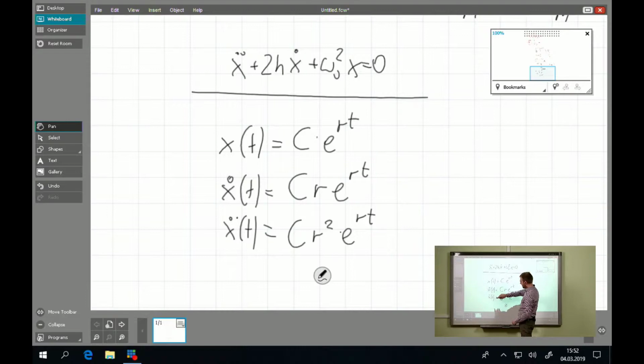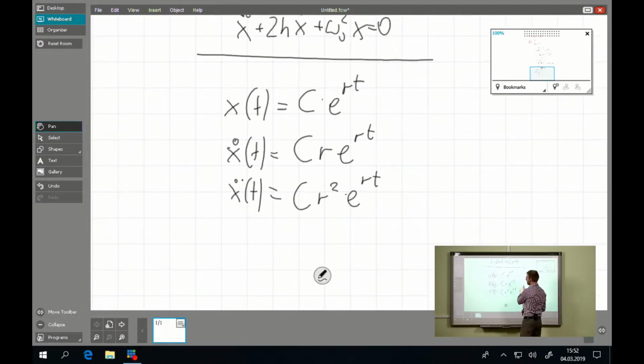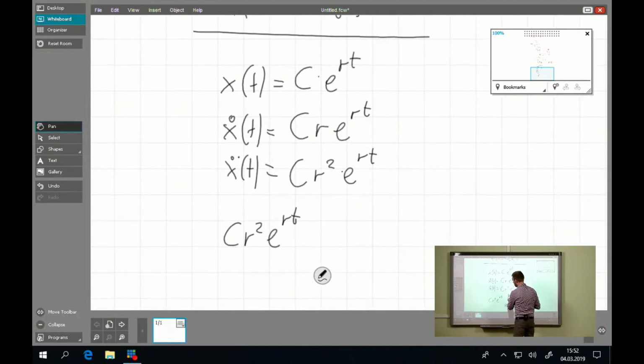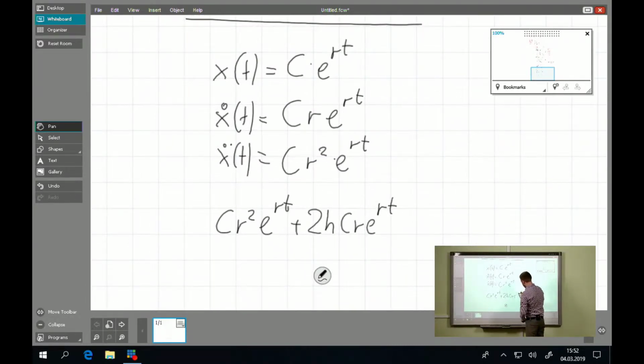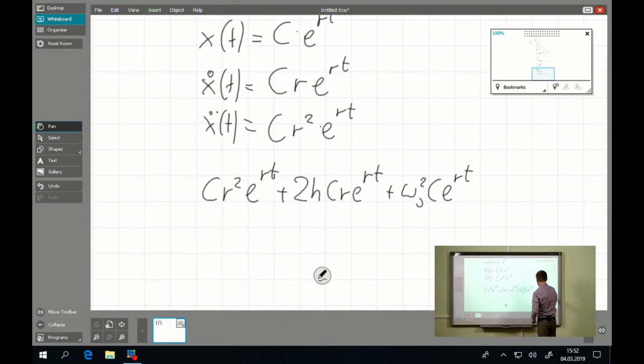We are able to put everything into our governing equation. As a result, here we have C R squared e to the RT plus 2h C R e to the RT plus omega 0 squared C e to the RT equals 0, because it's a homogeneous equation.